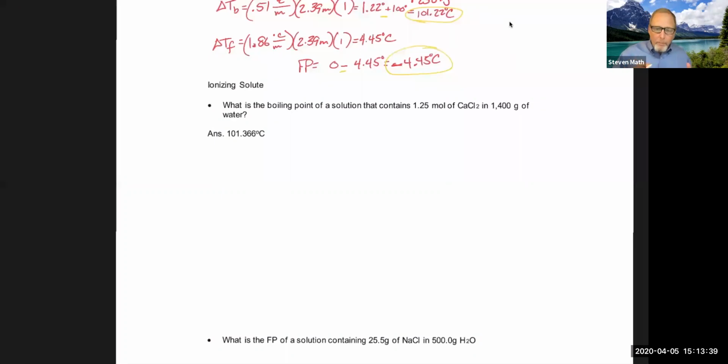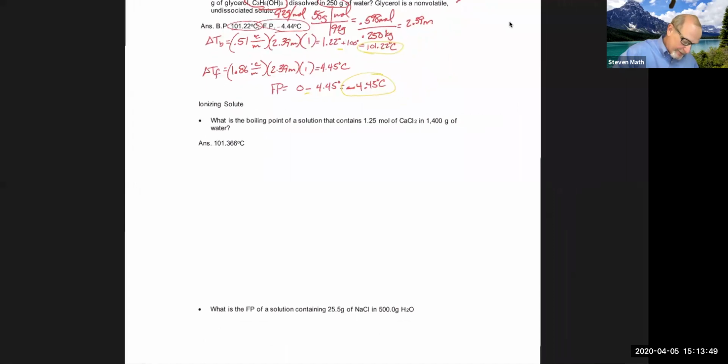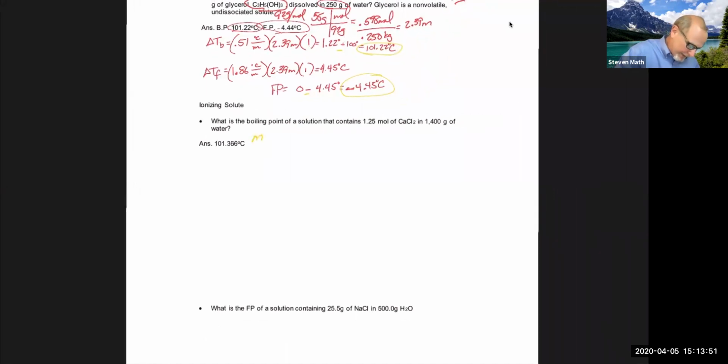So what I've got is 1.25 moles of calcium chloride and 1,400 grams of water. Okay, first thing we've got to do, get that molality. That molality is going to be 1.25 moles per 1.400 kilograms, 0.890 moles per kilogram.